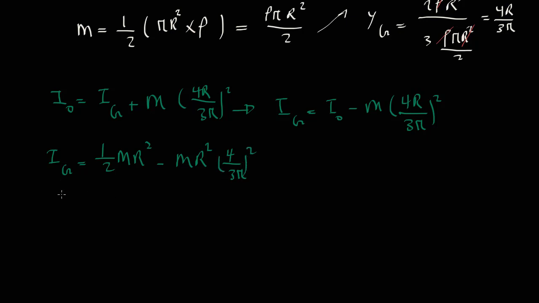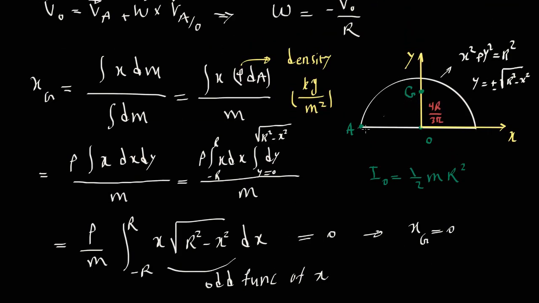And now that we have IG, I can calculate IA. So I can say that IA is equal to IG plus m d squared, and d is the distance between point G and A.